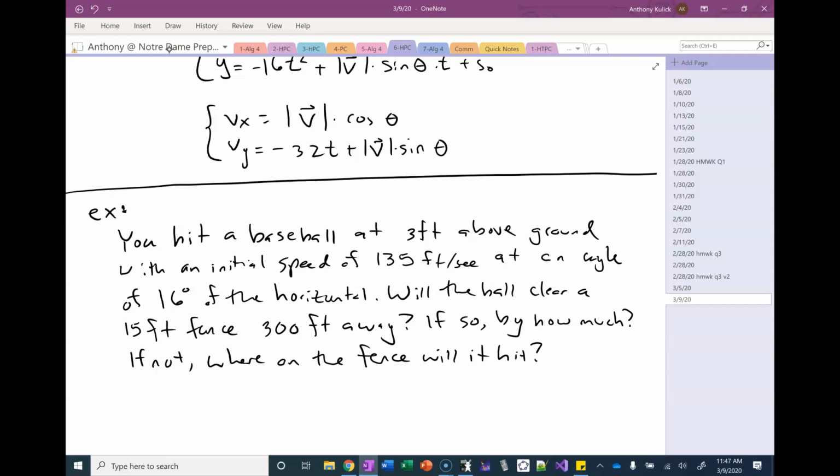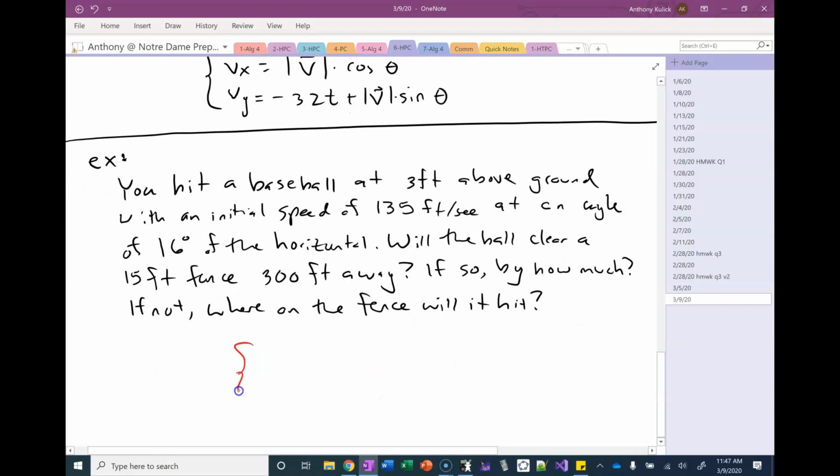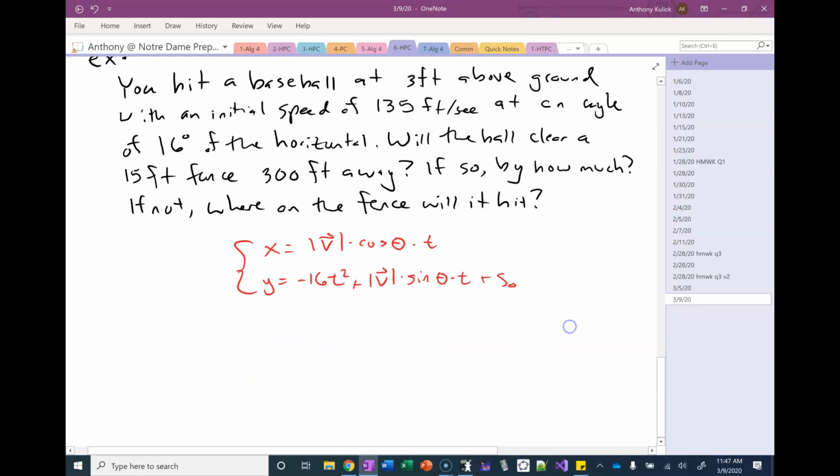Is everybody okay with that idea? Okay. All right, so these are the set of equations I'm going to use.